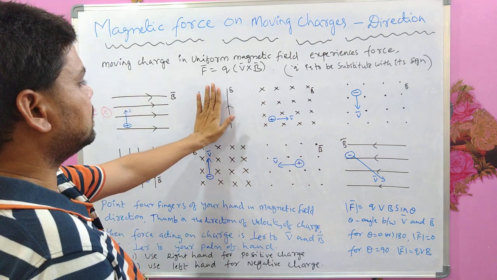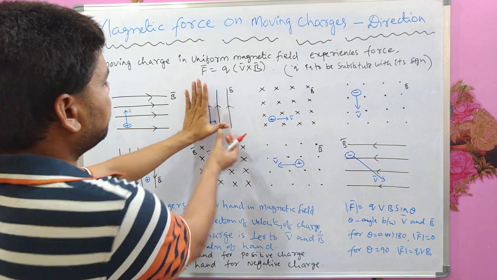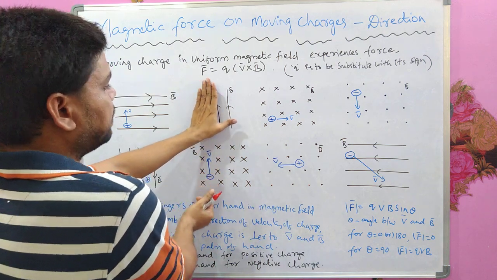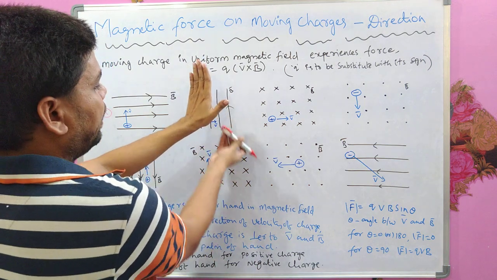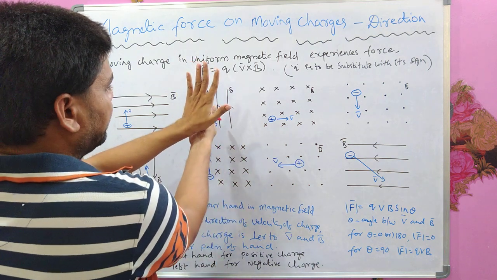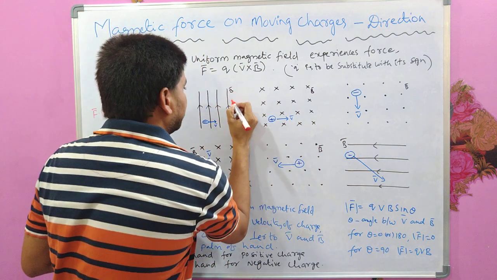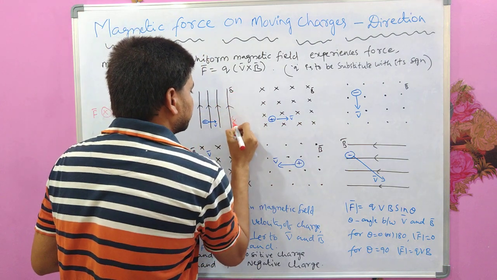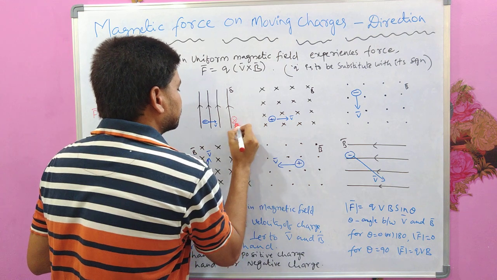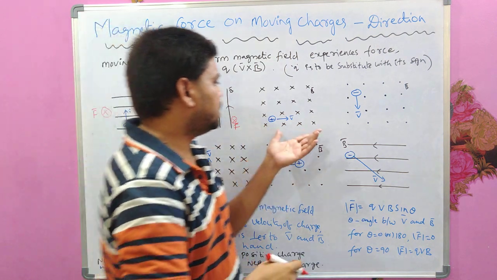Point your four fingers in the direction of the magnetic field, and the thumb represents the velocity of that charged particle, and the force acting on that negatively charged particle would be again inwards. Here it is inwards. Force. Now see this example.